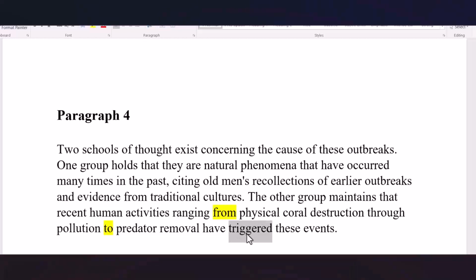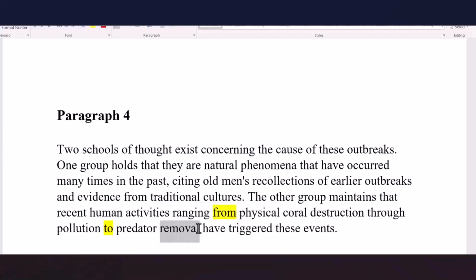The verb trigger here is an interesting verb. You can see it or hear it frequently in TOEFL materials because it means to cause something to happen. When we say it has triggered these events, it means it caused these events to happen. And a noun of much interest here is removal. Removal is a noun made by adding the suffix -al to the verb remove.